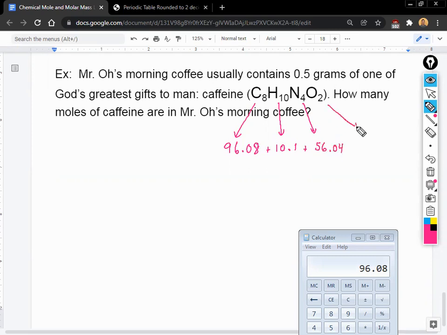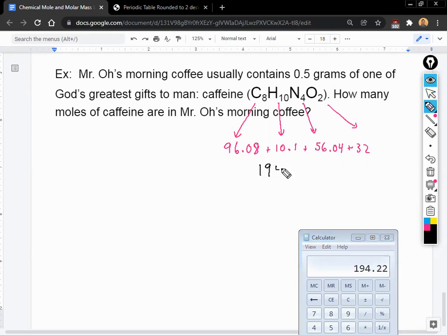Okay, and then we have oxygen, which is 16 each, and there's 2 of them, so there's 32. Okay, so all we did was go to the periodic table, look at the elements, and multiply by the number in the molecule. All right, so the grand total for the molar mass of caffeine is 96.08 plus 10.1 plus 56.04 plus 32.